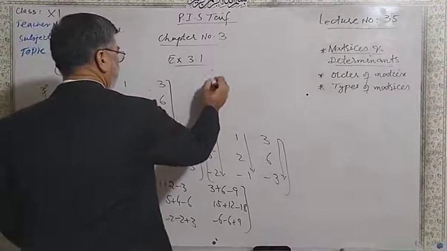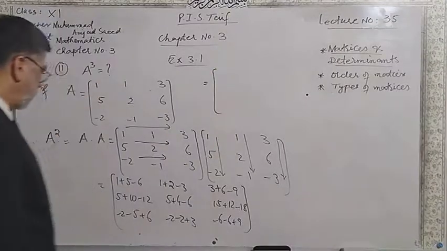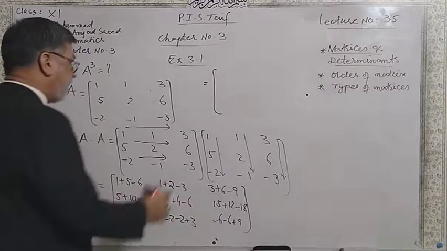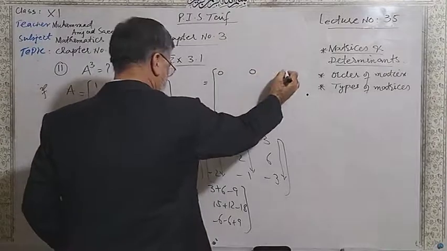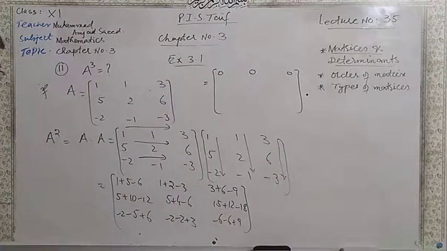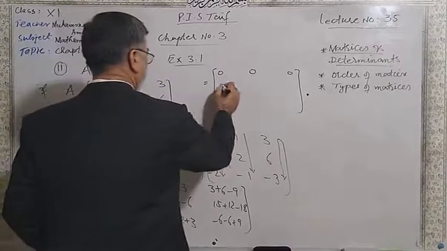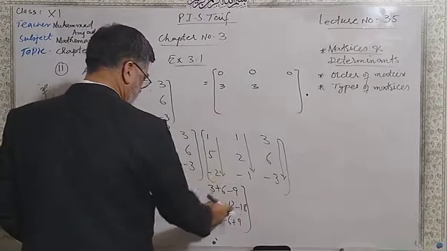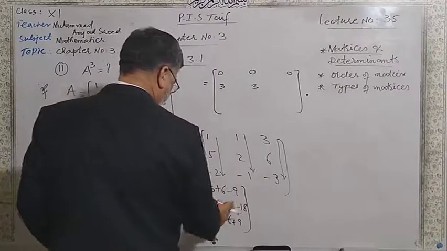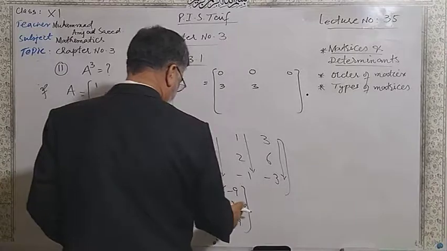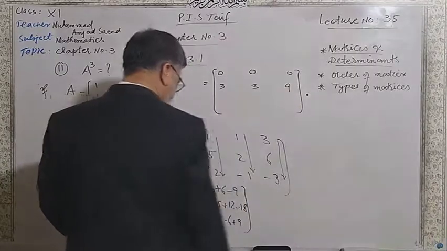So we have 1 plus 5, 6 minus 6 is 0, 3 minus 3 is 0. This is 0, 0, and 9 minus 9 is again 0 here. We have 15 minus 12, 3. 9 minus 6 is 3. Then what will be? 27 minus 18 is 9.